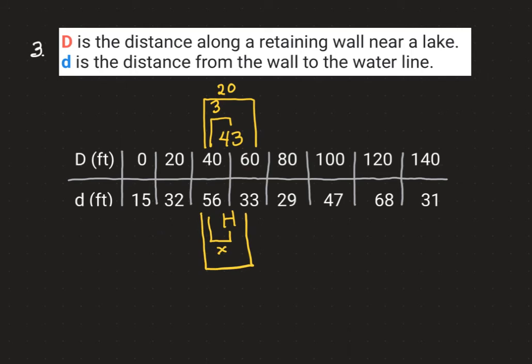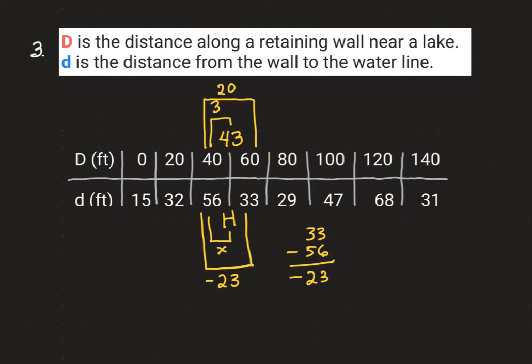Now, in the case of capital D, I was taking 60 and subtracting 40. So I'm going to take in the same direction, 33 minus 56, which gives me negative 23. Let me write negative 23 here in my diagram so I do not forget where it goes, and that will help me know where it goes in the proportion.